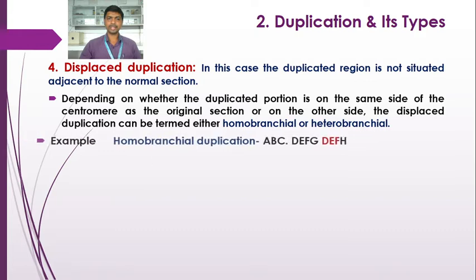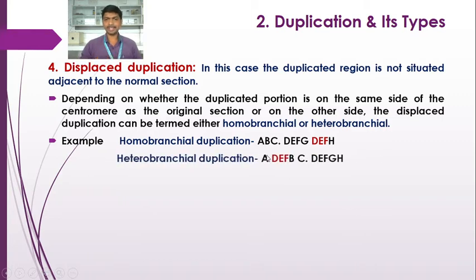Okay, so here, in the previous example, this DEF region of a chromosome has been duplicated on the same side of the centromere as the original section. The original section possesses the genes DEF on the right side of the centromere. On the same side, this duplicated region is present, so it is called homobranchial duplication.